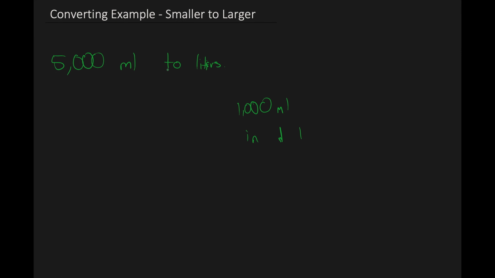So we have to divide 5,000 by 1,000 to see how many liters there are. That's pretty easy math. 5,000 divided by 1,000 equals 5. So there are 5 liters in 5,000 milliliters. We're going to do quite a few of these.